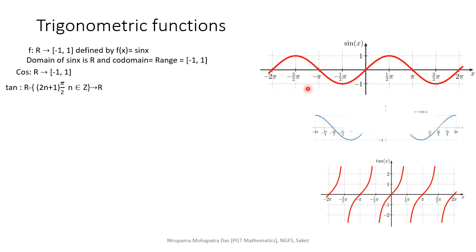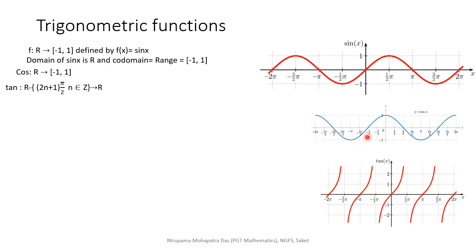Similarly, if you come to the cosine function, again you can observe the graph along the x-axis, it extends in both directions. There is no end, so it covers the whole real number line. So the domain of the cosine function is also the set of real numbers, and as you can see from the height of the graph, it ranges from -1 to +1.